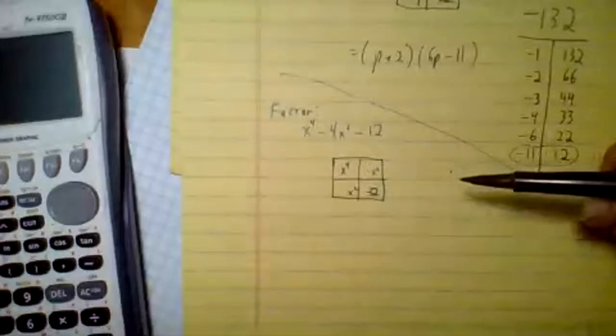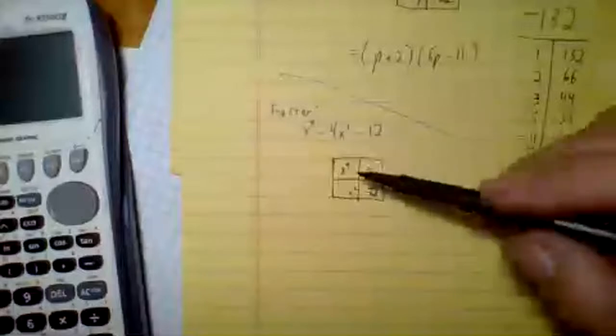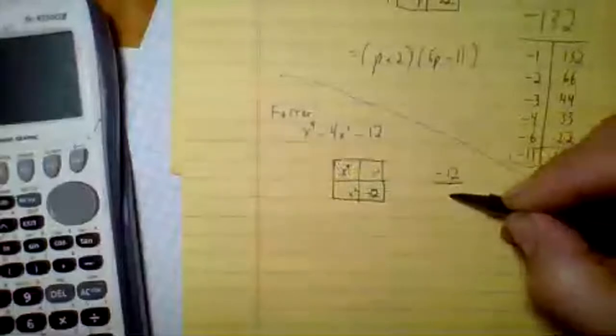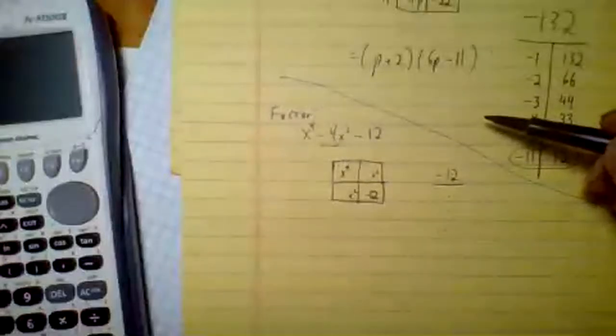Now the numbers, the diagonal multiplying thing. This is really 1 times negative 12, which is negative 12. So I need numbers that multiply to negative 12 and add up to negative 4, the thing in the middle.